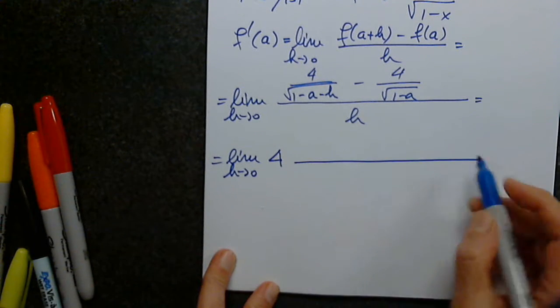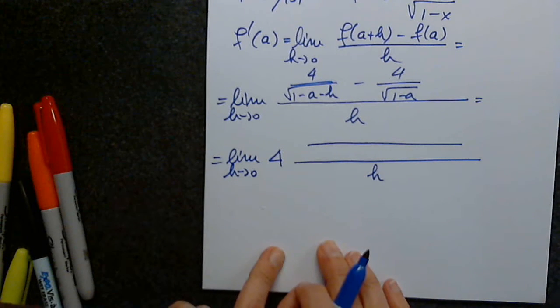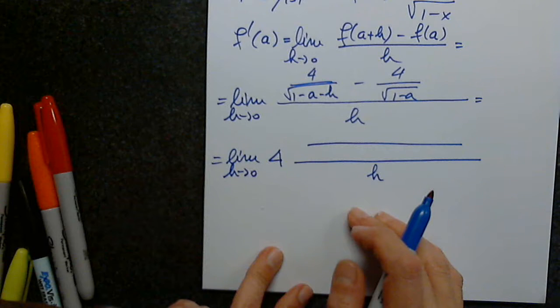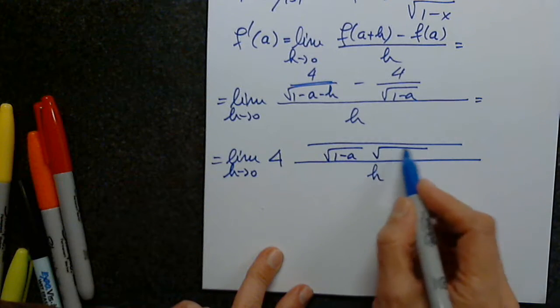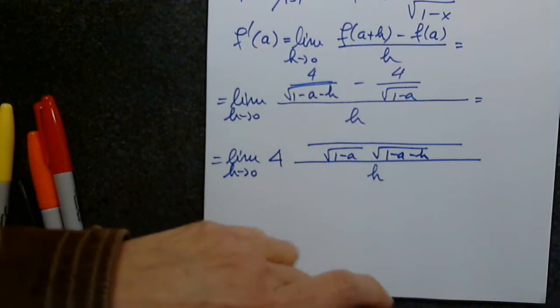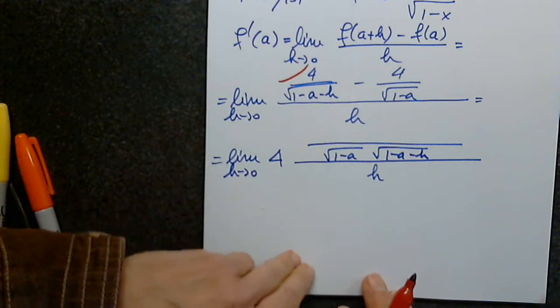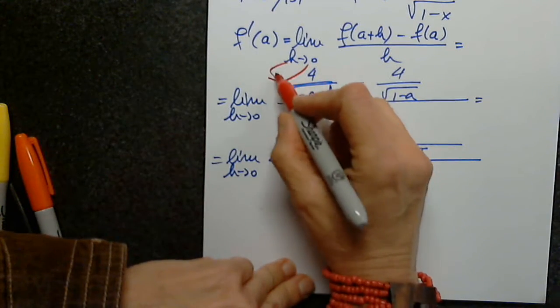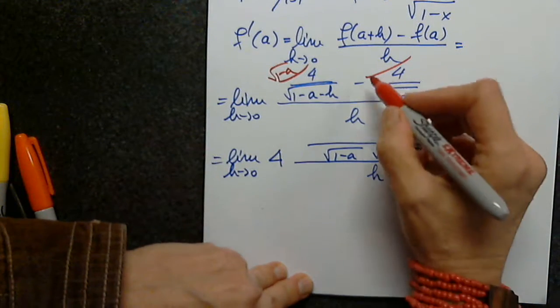So the least common denominator at the top is the square root of 1 minus a minus h times the square root of 1 minus a. Very good. The adjustment for the first one? Very good, thank you. The adjustment for the second one?